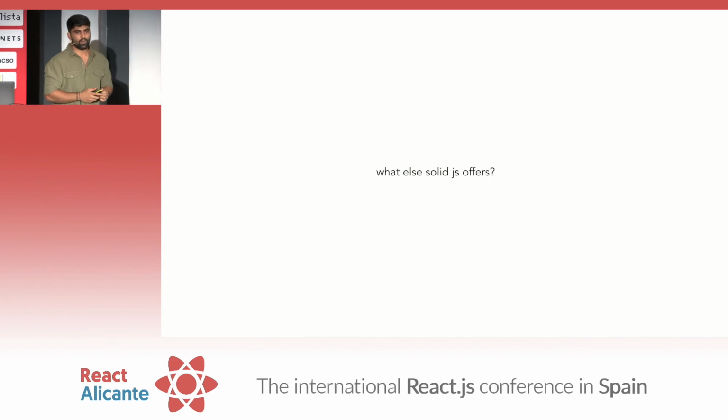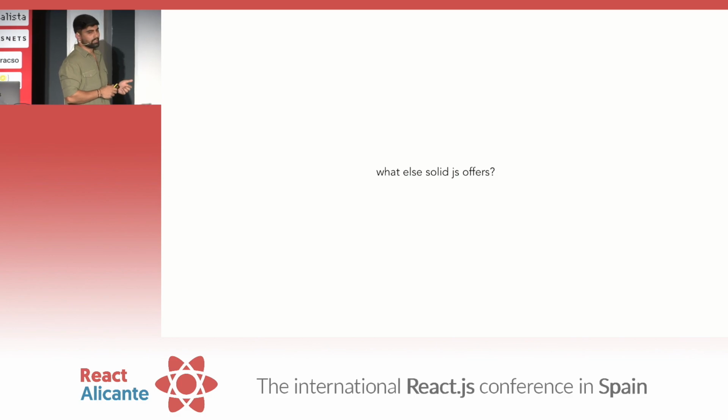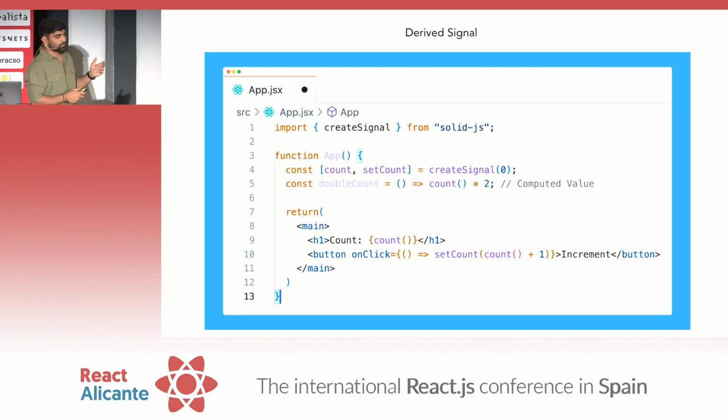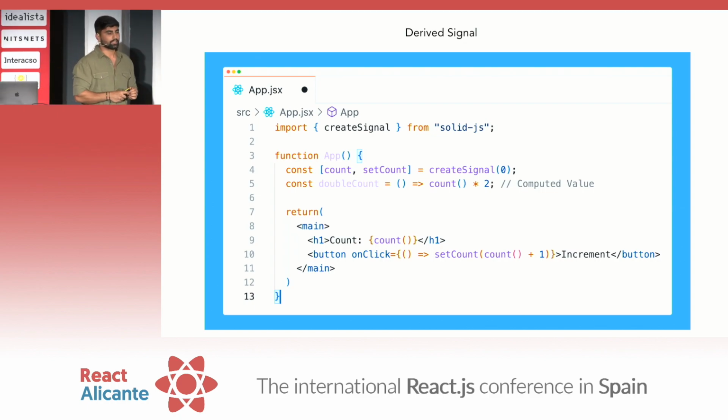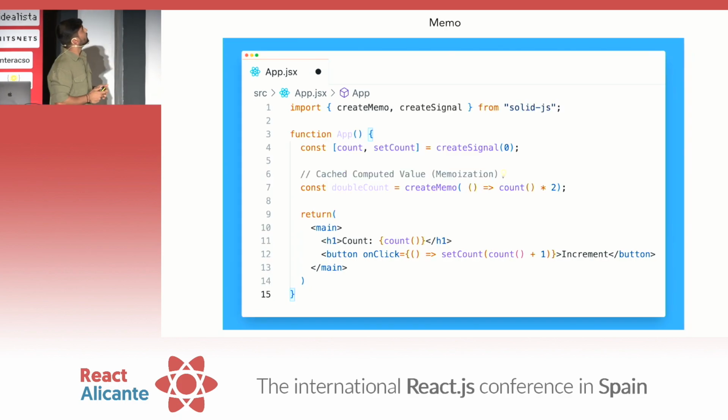What else does SolidJS offer? I'll try to keep this short because most of the things have been covered by Eric and Attila, so I'll just give you a brief overview. SolidJS offers derived signals if you want to create some dependency on the signals.